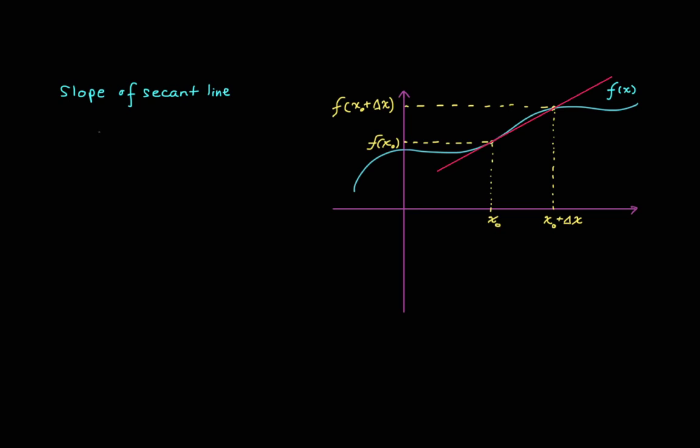The rise is the difference between f of x naught plus delta x, minus f of x naught. Then we divide by the run, which is x naught plus delta x, minus x naught. Clearly the x naught terms cancel, and we just have this value divided by delta x.